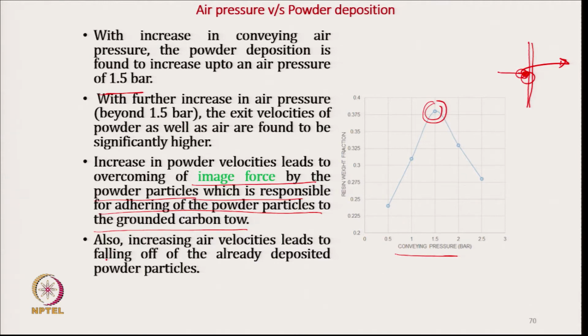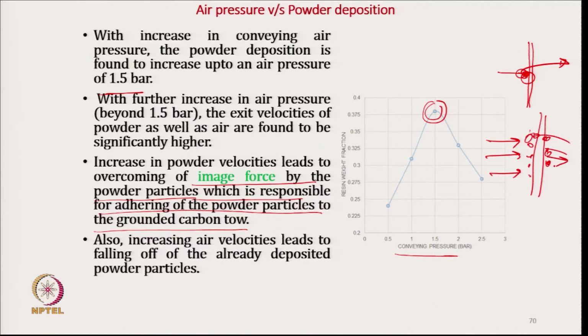In addition to that, further increase in air velocity leads to falling off of the already deposited powder particles. So, if we increase the conveying air pressure here, the already deposited particles will get separated.